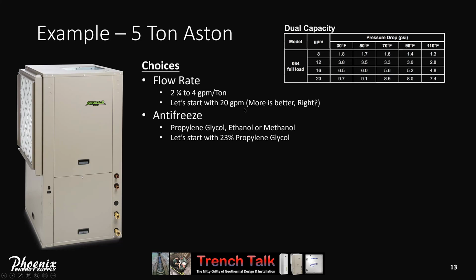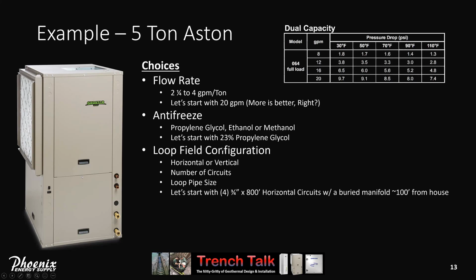Antifreeze. I could spend a lot of time talking about antifreeze, pros and cons, but that's for another trench talk. But let's simply stipulate that we're going to use 23% propylene glycol. Loop field configuration, and this is the meat of where you need to be diligent in sizing piping, not only from a thermal performance standpoint, but from a pressure drop standpoint.